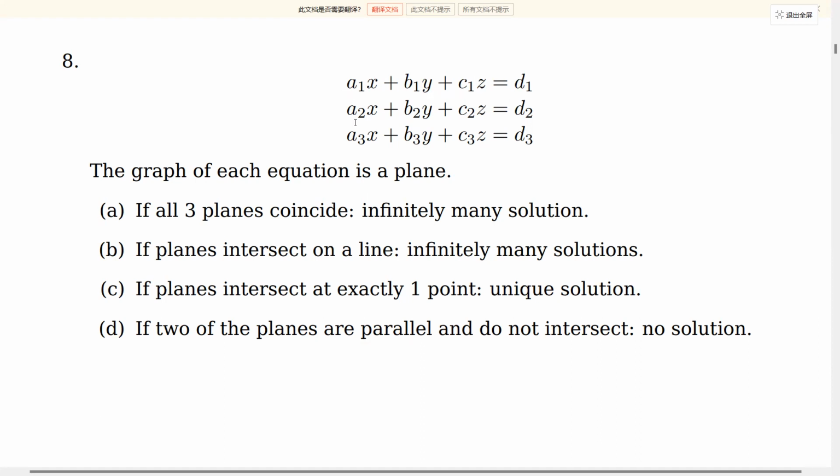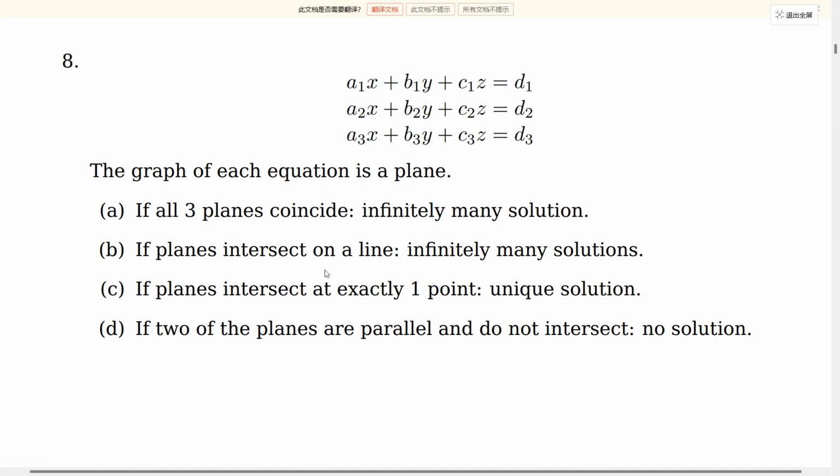So we got three planes. Then we want to see the relationship between those planes. Again, it will end up with three possibilities. If all three planes intersect at one line, not necessarily coincide, then it has infinitely many solutions.